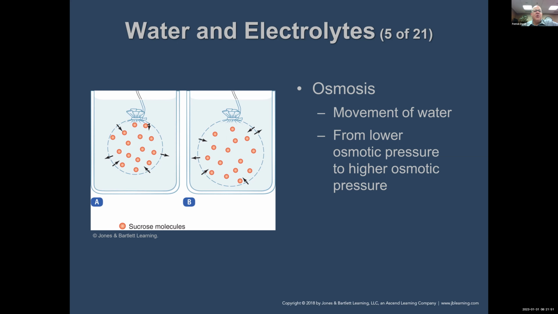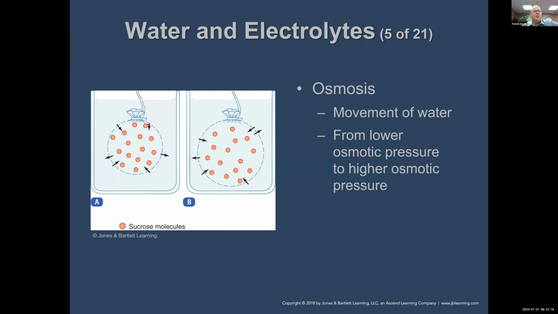So we have sucrose there, right? But the amount of solutes in the bag that's permeable as opposed to the amount of sucrose that's in the beaker is different, right? You don't see any solutes in the fluid outside of the bag there.